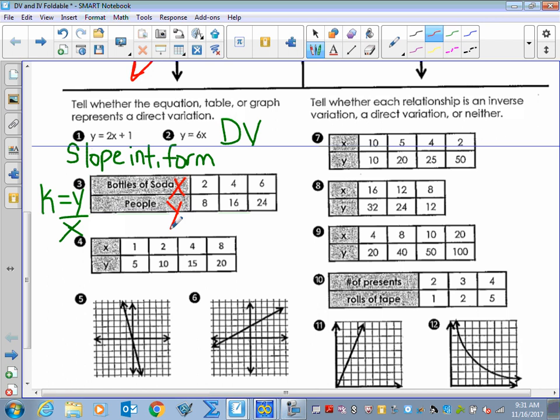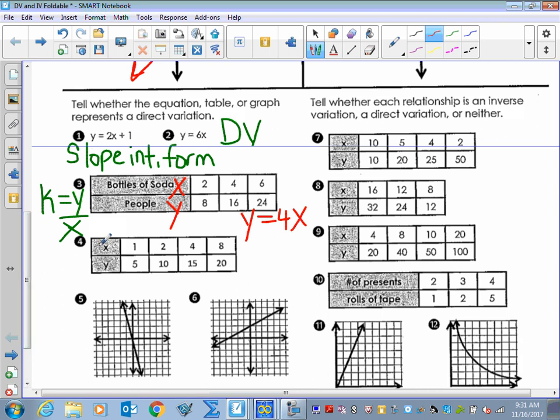When I test to see if it's a constant, meaning the number is not changing, I divide: 8 divided by 2 gives me 4, 16 divided by 4 gives me 4, 24 divided by 6 gives me 4. So what is my direct variation equation? Y equals 4x. All right, who remembers doing that? Okay, very good.